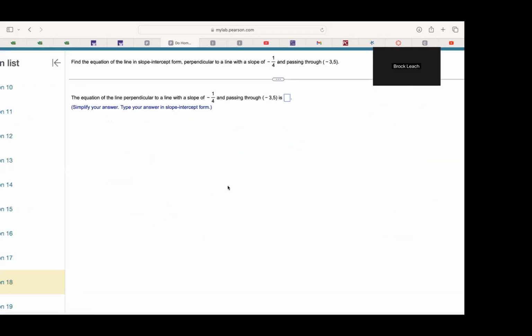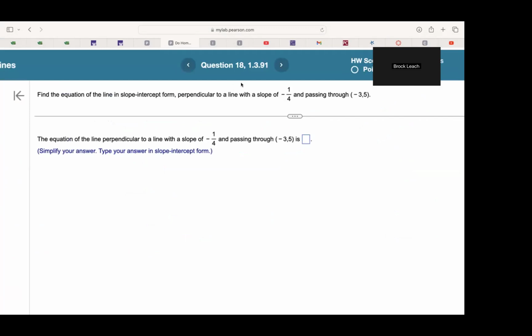Here we're told that we want to find the equation of a line that's perpendicular to negative 1/4 and passes through negative 3, 5. So if it's perpendicular, what is the slope of the line that I'm after? If the slope it's perpendicular to is negative 1/4, then opposite sign, flip.